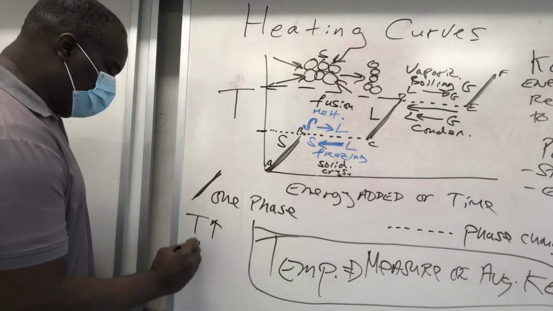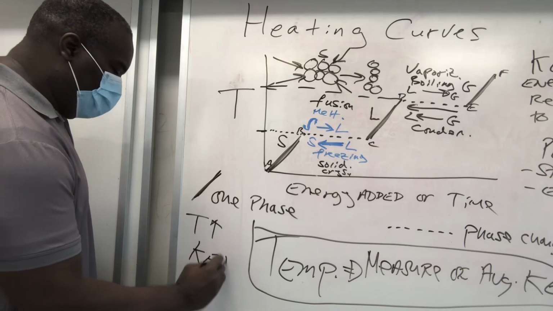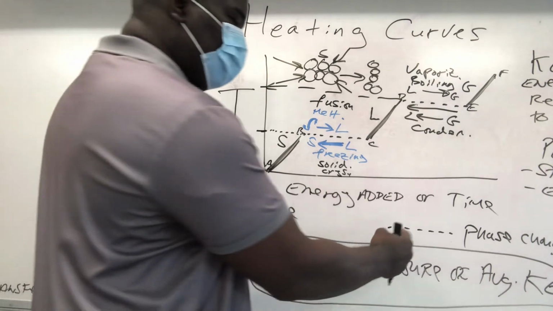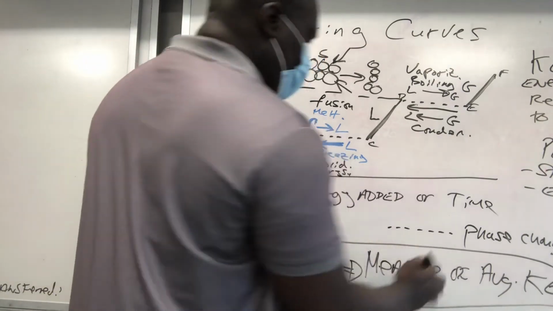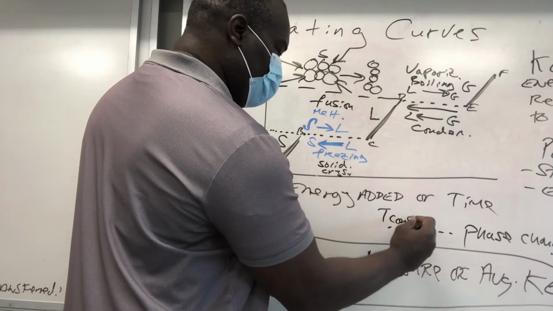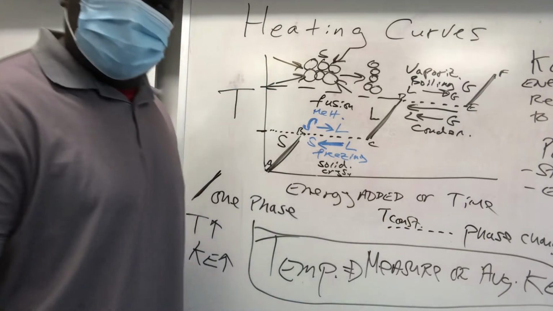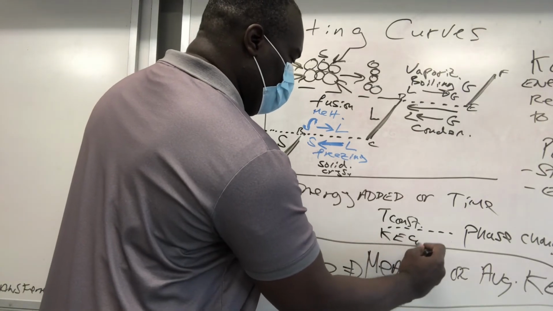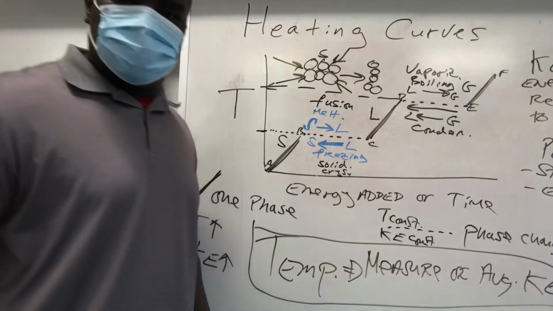Therefore, your kinetic energy also increases. So make a note right there, okay? Alrighty. And at the phase changes, we notice that the temperature is CONST for short, constant. So your kinetic energy is also going to be constant, all right?